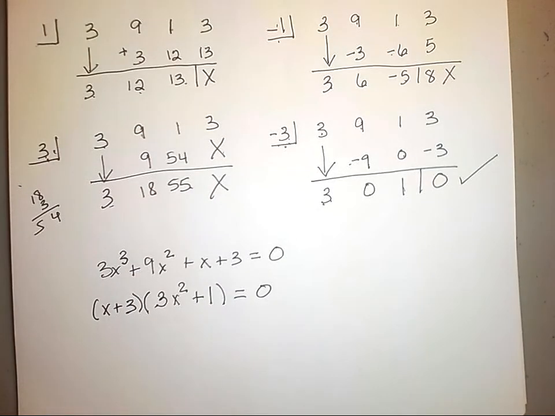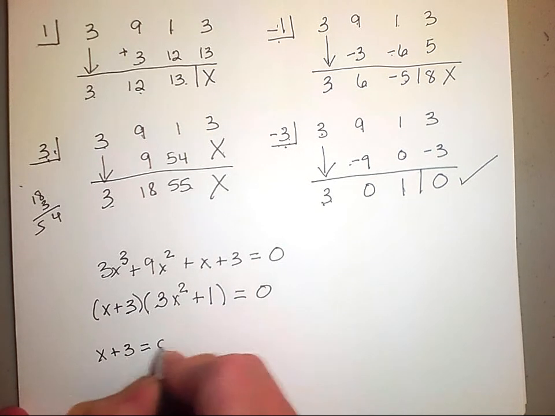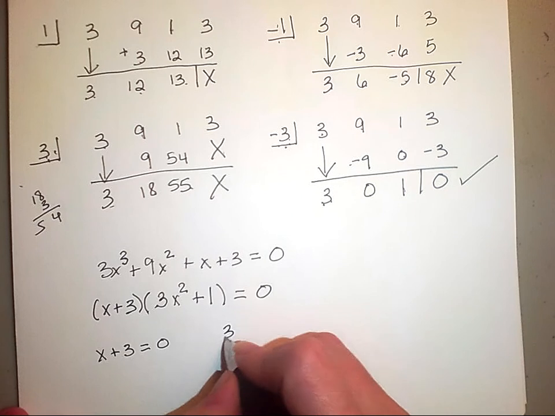So now we can find the other solutions very easily. Now, if you split it back up, you'll get x plus 3 equals 0, or 3x squared plus 1 equals 0.